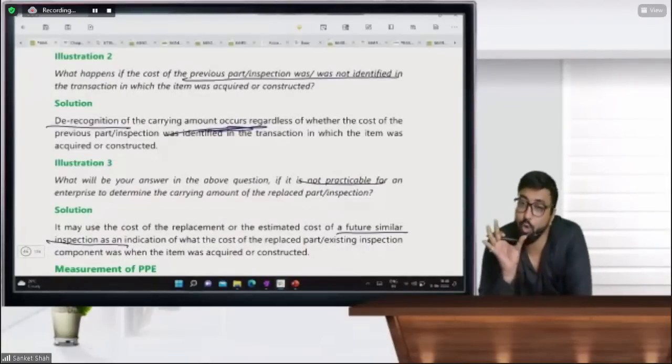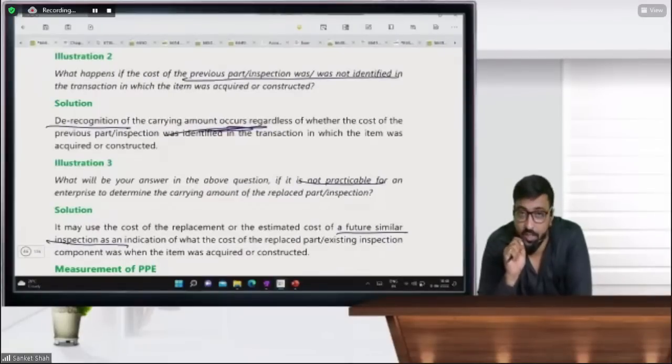For example, you are showing the whole AC in your balance sheet asset side. It's not that you are showing the AC component differently and the AC different. Okay, compressor and AC you are showing as one item. Still, you have to derecognize if you are changing that compressor.